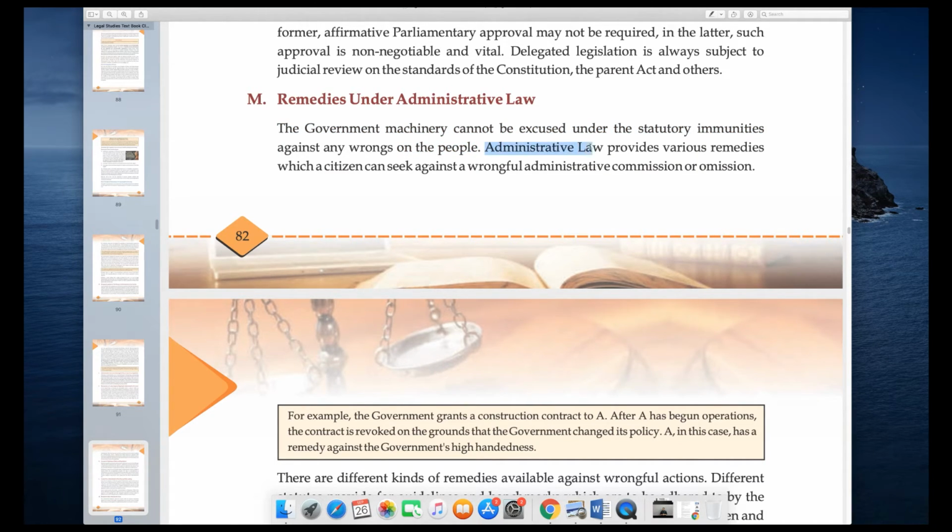You can see here, administrative law provides various remedies which a citizen can seek against a wrongful administrative commission or omission. So both the actions.